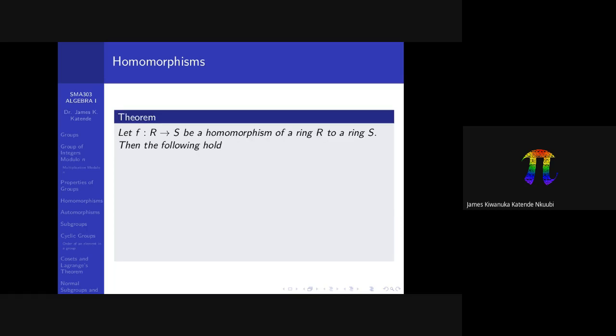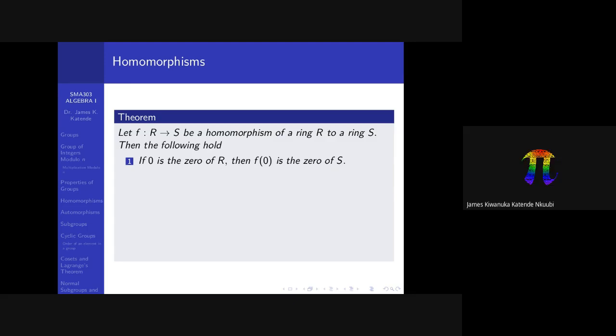So here is a theorem that gives you some properties of homomorphisms of rings. If you have a homomorphism F from R to S, the following properties will hold. If 0 is the 0 of the ring R, then it will be mapped onto the 0 of the ring S. You can hear me?